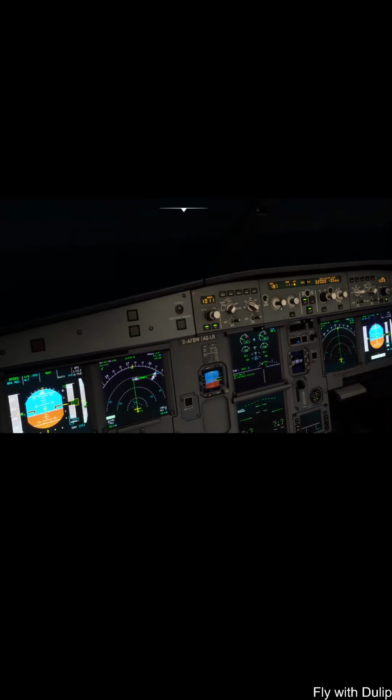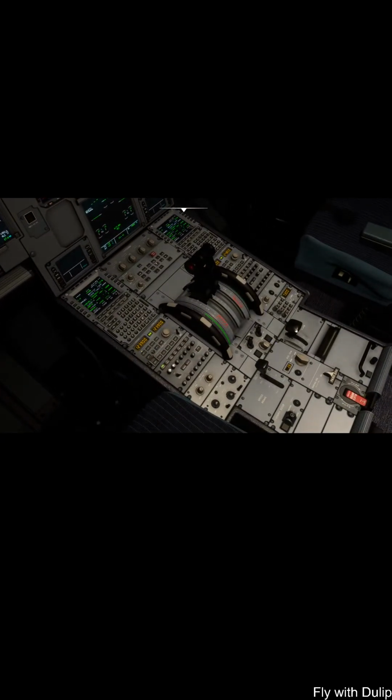And our speed is a little bit high right now, and let's reduce it quickly to 2,500. Check. And it is at around 160, flaps 3.